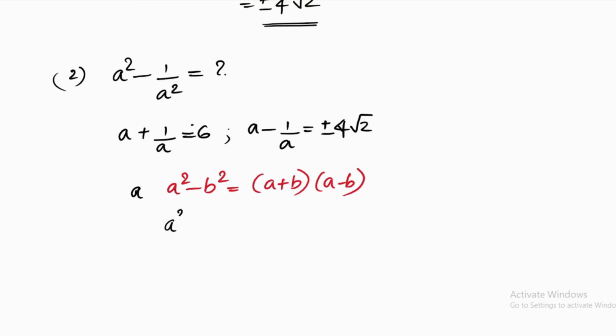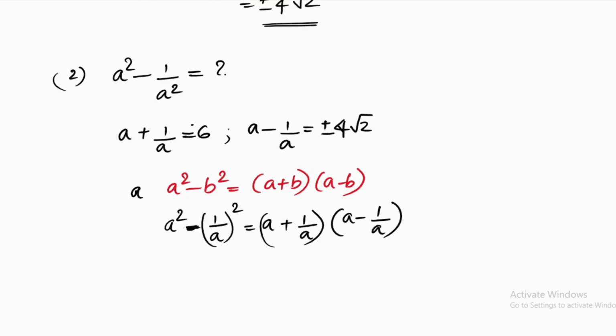So what is a here? A itself, and b is 1 by a. So a square minus 1 by a the whole square equals a plus 1 by a into a minus, instead of b we have 1 by a. So that is a square minus 1 by a square equals, substitute the values, a plus 1 by a we have 6 into a minus 1 by a we have plus or minus 4 root 2, right?